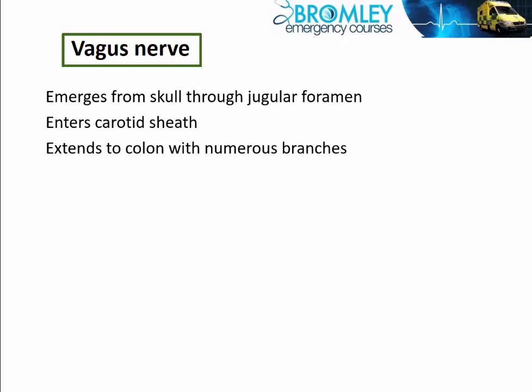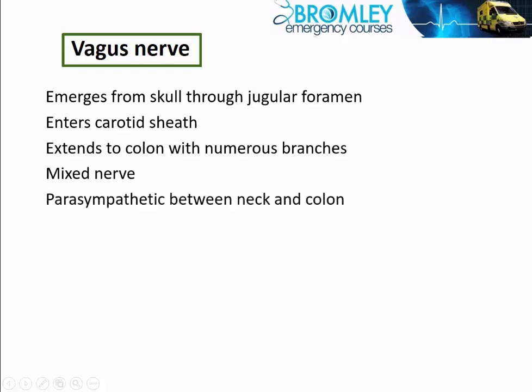And then there are all these branches of the vagus to the stomach and to the small intestine and the large intestine. And so it's got an extensive network. The vagus also goes to the lungs and so on. And all parasympathetic supply between the neck and the colon throughout the body, between those upper and lower limits, is in the vagus nerve.